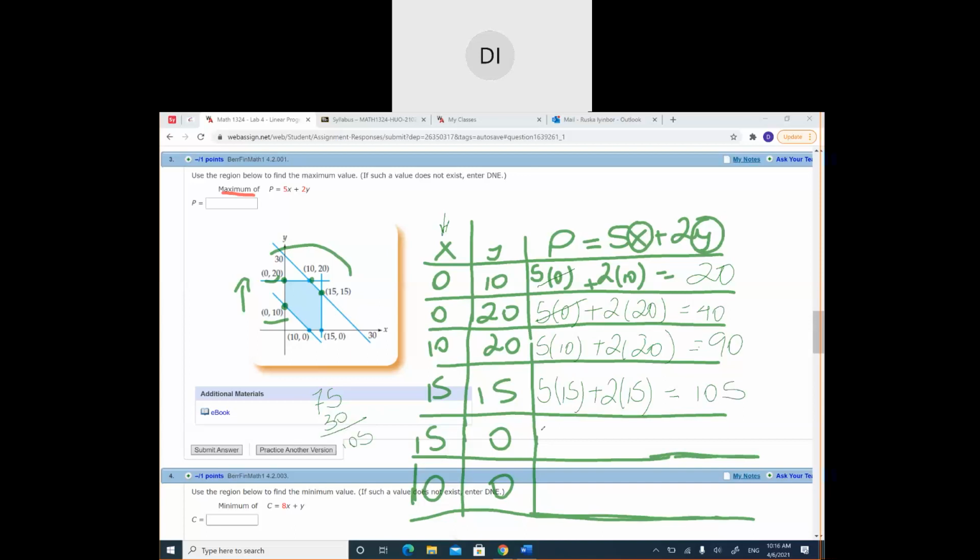And then I'm doing the same, 5 times x is 15 plus 2 times 0. So 5 times 15 is 75, and the other one is 0, so this is 75. And then I have one more point to evaluate, 5 times 10 plus 2 times 0. 2 times 0 is 0, and we're going to get 50.